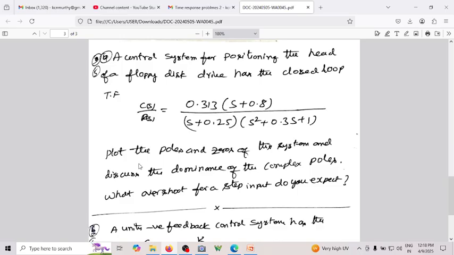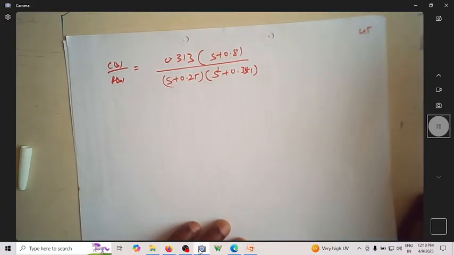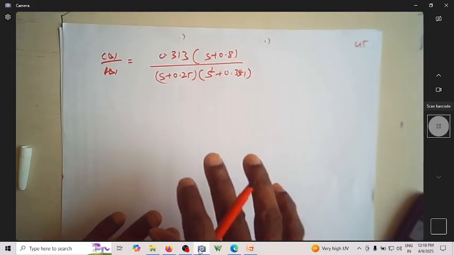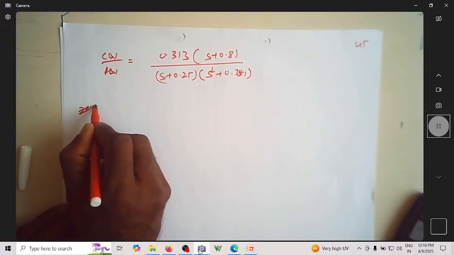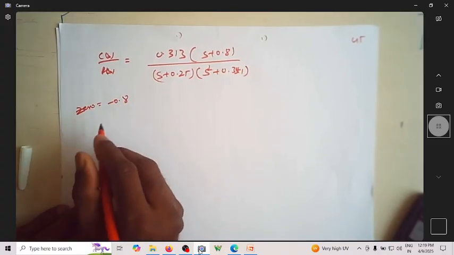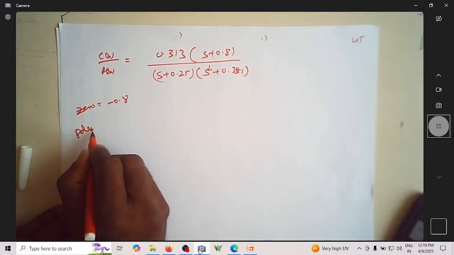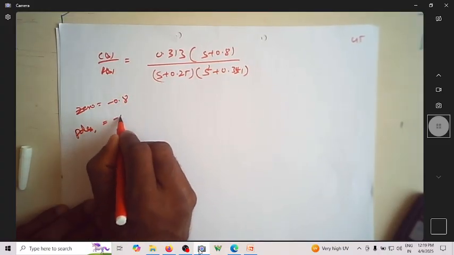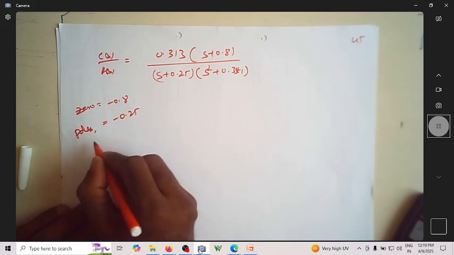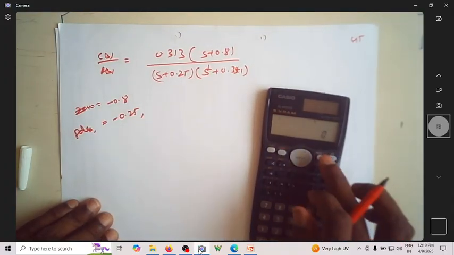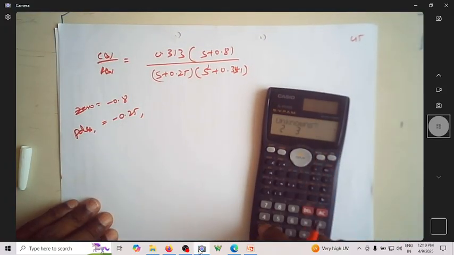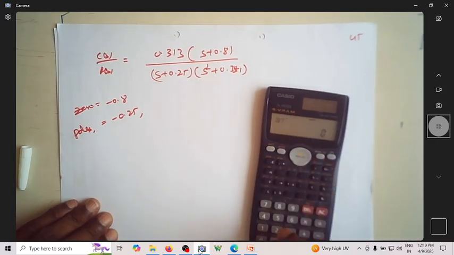Let us see what this is. We are asked to plot the poles and zeros. So we know that the zero is at minus 0.8. Poles are at minus 0.25, and let us see what are the roots of the second degree term.